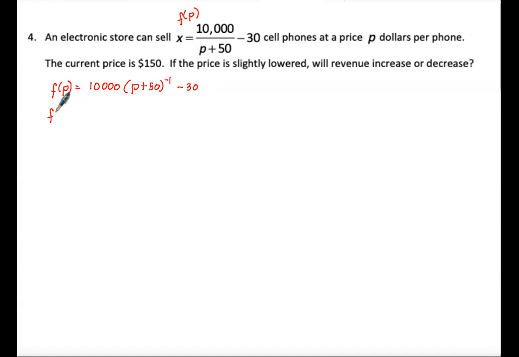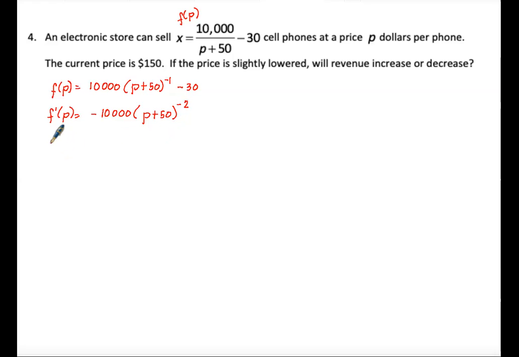So when we get F prime of P, you multiply 10,000 by negative 1, that becomes negative 10,000, and then (P plus 50) raised to negative 2, exponent minus 1. And then the derivative of 30 is equal to 0. So we got this. Now, let's keep it at that.